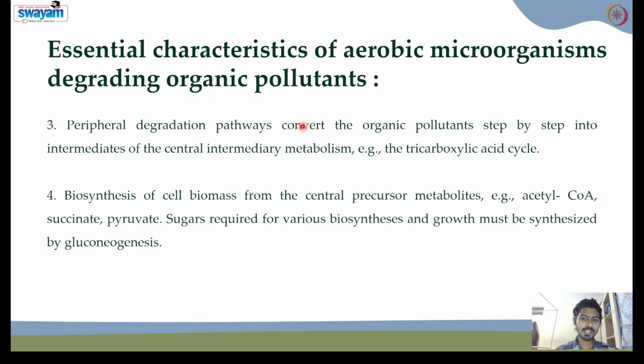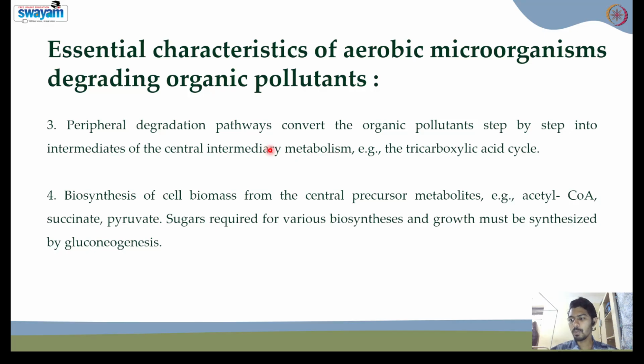These smaller pieces eventually enter the central intermediary metabolism. That is, they enter the glycolysis, TCA or ETC pathway in order to get energy from the substrate. So this is the third important step, where step-by-step degradation occurs once the oxidative process has initiated. And eventually the process will generate ATP as well.